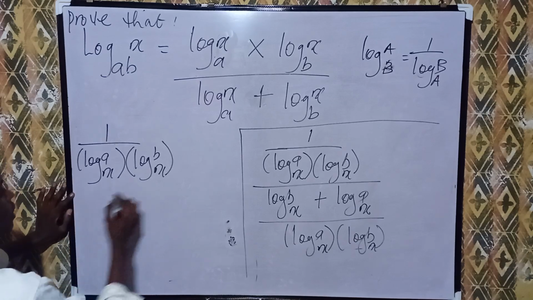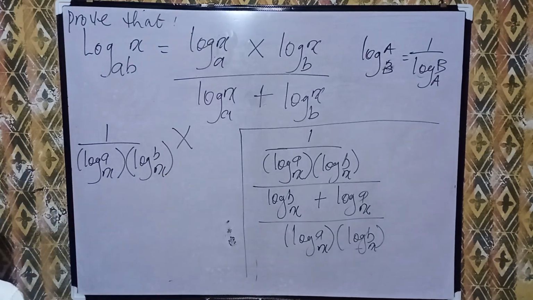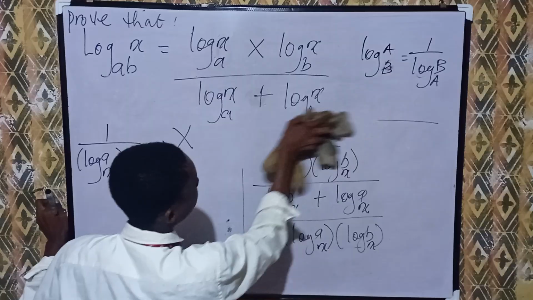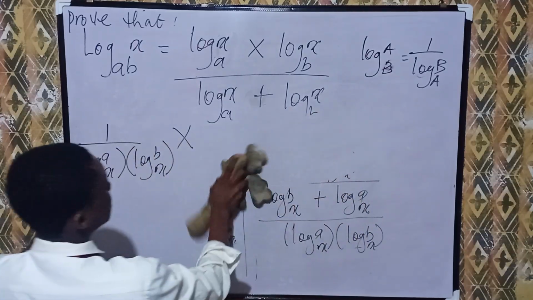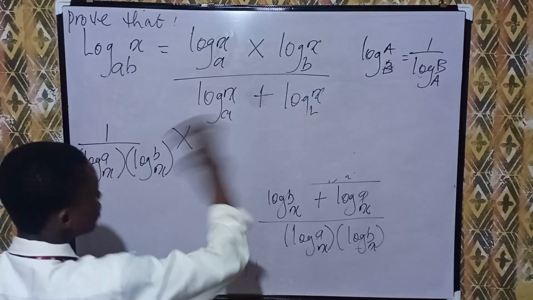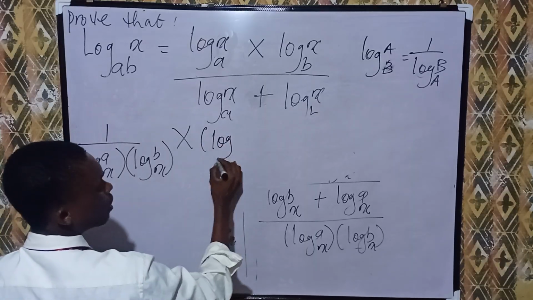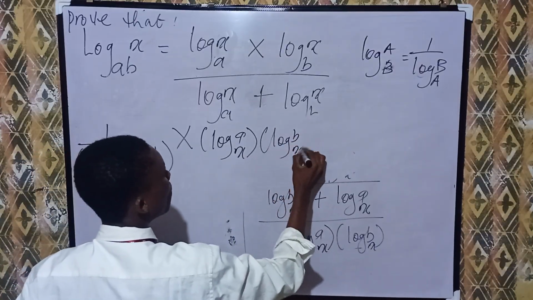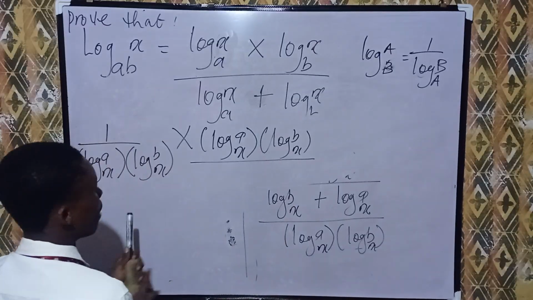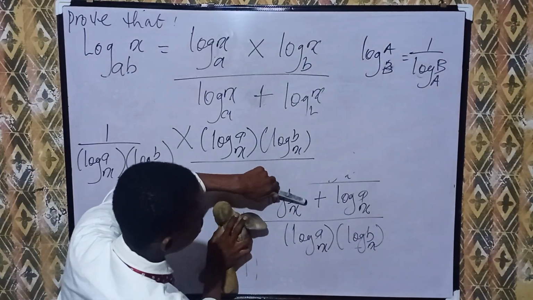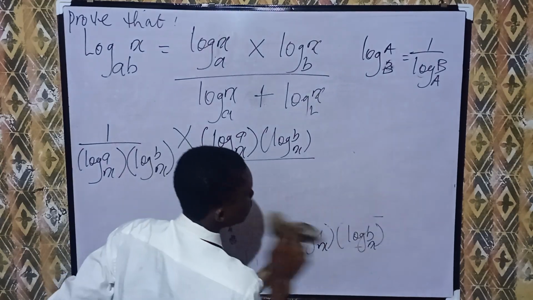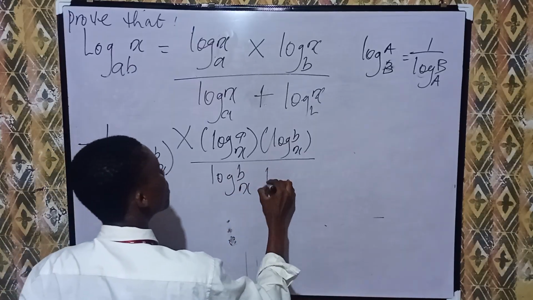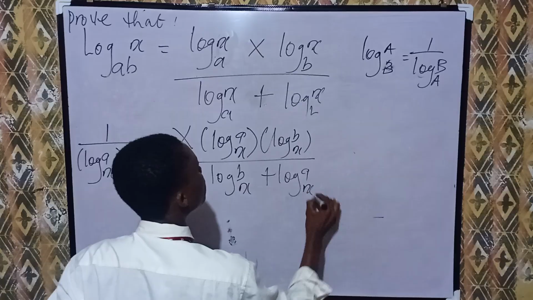All right, times, from here, we know that this one here is going up. So we have log a base x log b base x all divided by log b base x plus log a base x.